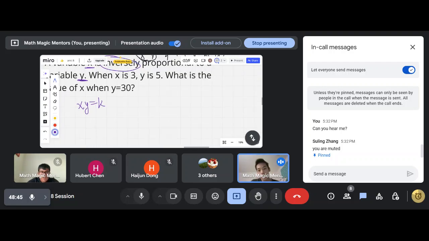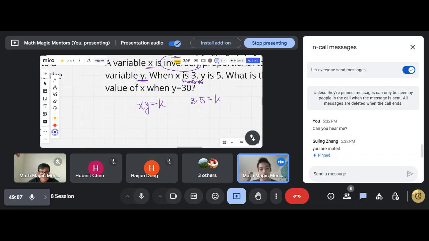Again, we're going to use a similar process to how we dealt with direct proportion. We're going to plug in for situation 1. So this time I'll write it out here. Number 1. In situation 1, we can write 3 times 5 equals k, which is plugging in x and y. And in situation 2, we want to find x when y equals 30. So this is situation 2, number 2.